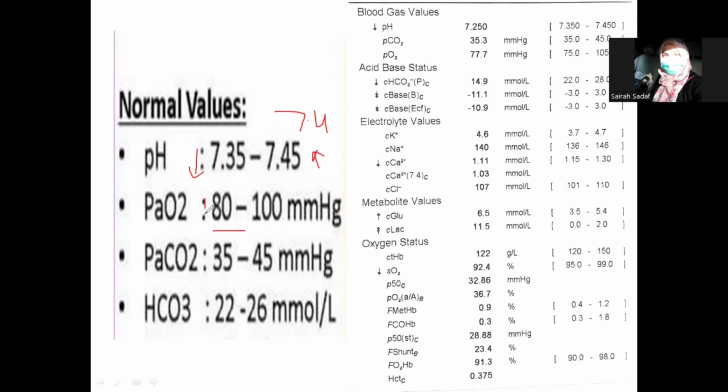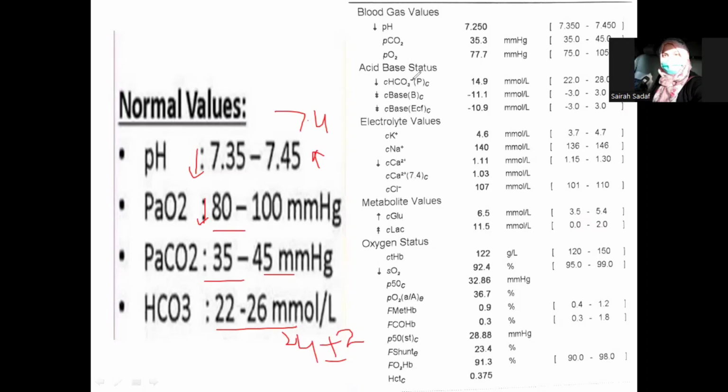When PaO2 is below 80, we call it hypoxemia. When PaCO2 is below 35, we call it hypocarbia, and when PaCO2 is above 45, we call it hypercarbia. For the bicarb levels, we take 24 as the mean or average value, and we write it down like this, 24 plus minus 2.